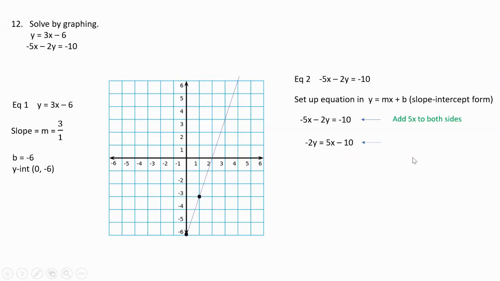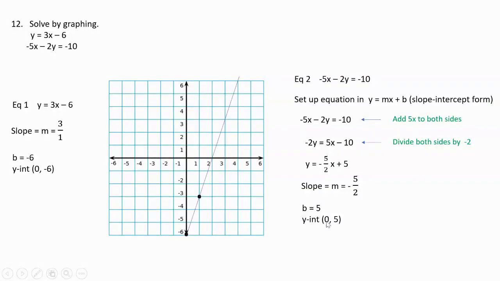Then I divide both sides by -2. So it's going to give us y equals -5/2 x plus 5, because -10 divided by -2 will give us a 5. Now my slope is -5/2, and my y-intercept is 5, which will be (0, 5).